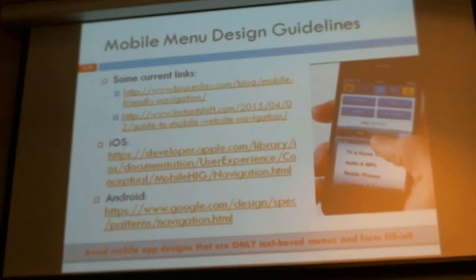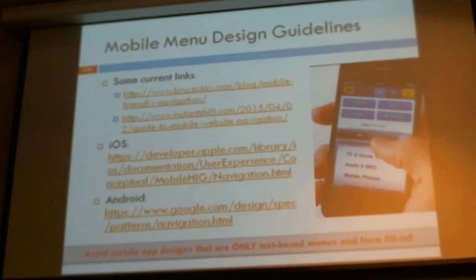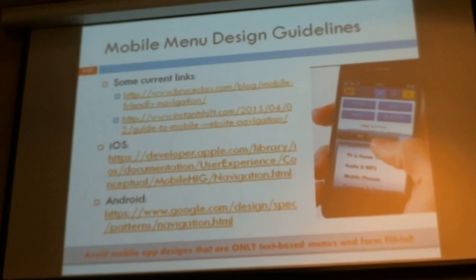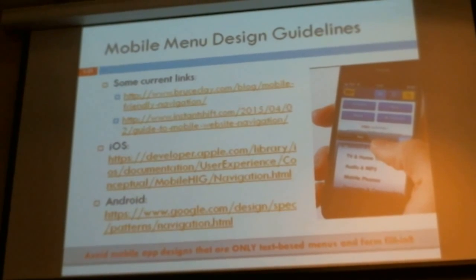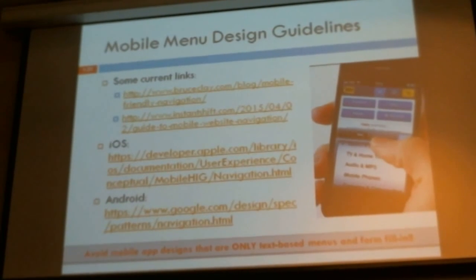How many times would you want to download an app that's just a whole bunch of text-based menus and form fill-in? That's usually not what you want from a mobile app, right? You want a nice set of icons to be able to click on, like a dashboard of options. You want to have some nice visual output, maybe some pictures. So please, whatever you do, avoid mobile app designs that are only text-based menus and form fill-in because they're not going to be pretty or fun or that appealing to your end users.